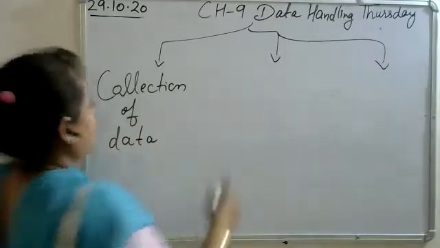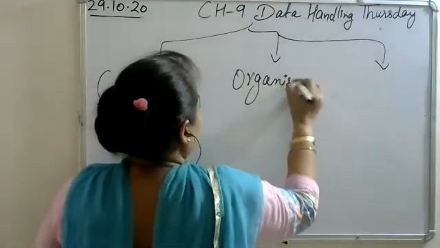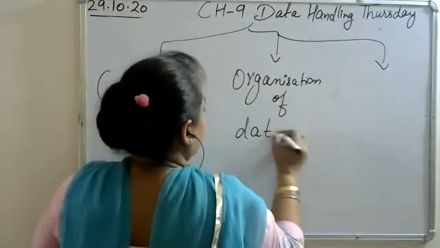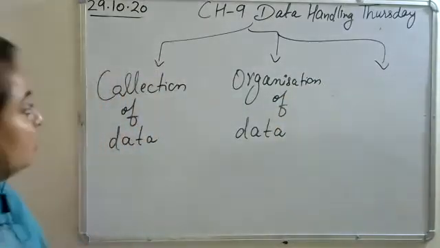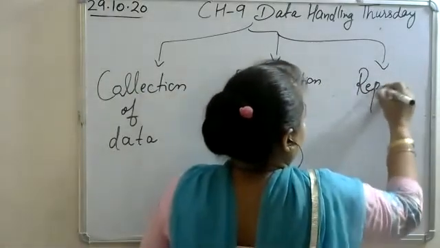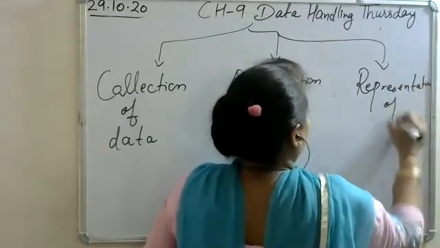Second is organization of data. And the third is representation of data.